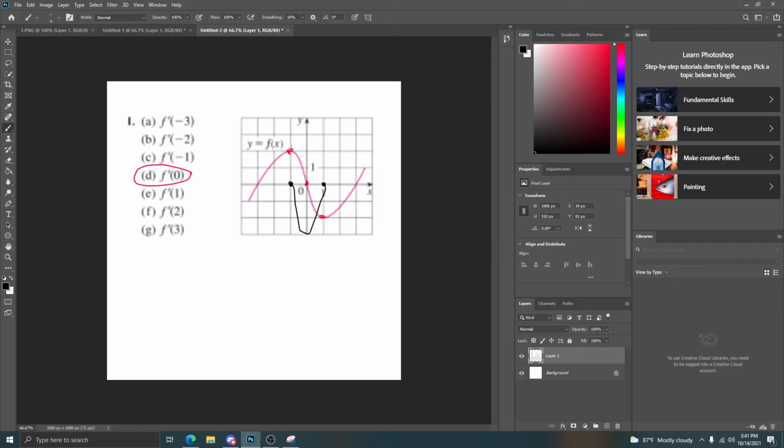So right here we have -1, 2, and we have 0, 0. Okay, 0, 0, and we have 1, -2.